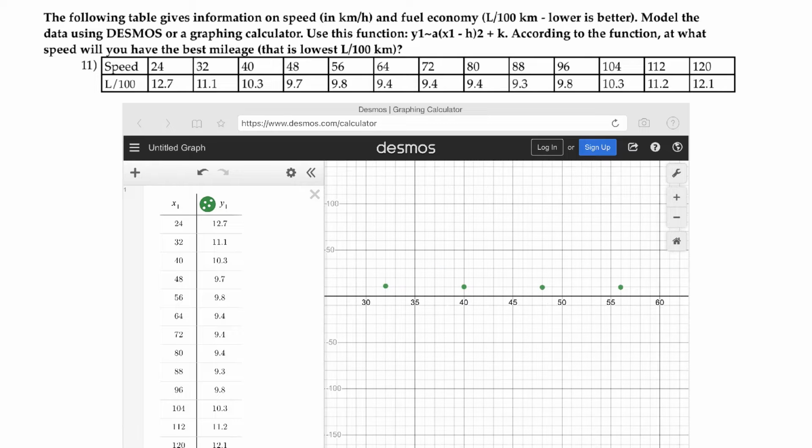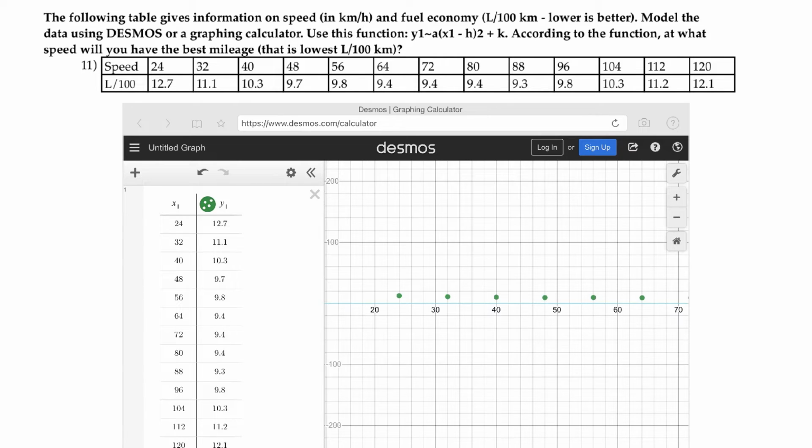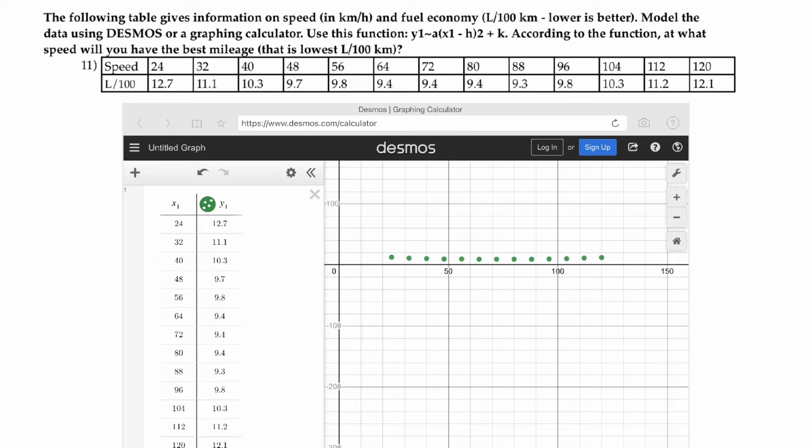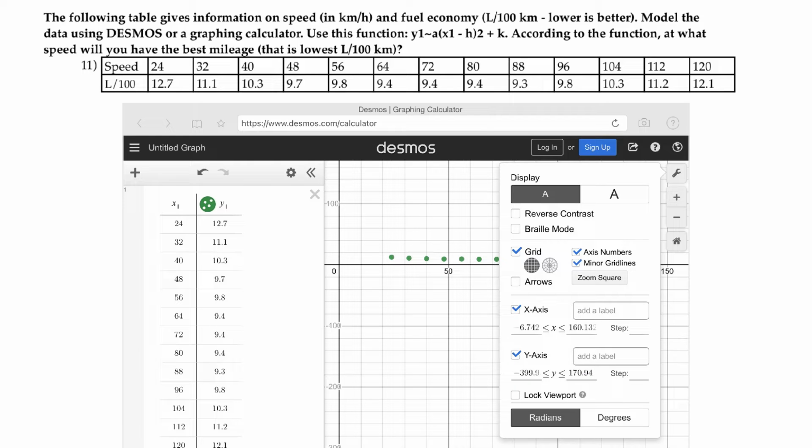Now, right now I'm having a hard time determining if it's a linear function or what kind of function it is. And I could try putting different functions at the bottom there. Another thing you can do, though, is if you go to this wrench up there, you can change your x values and your y values.